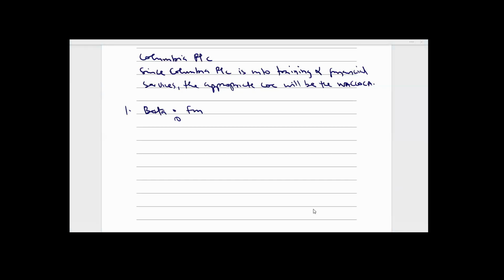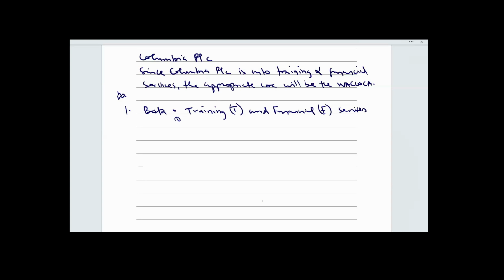So beta of training. Training is denoted as T and financial denoted as F, services.